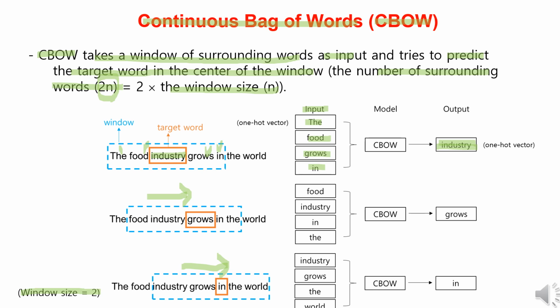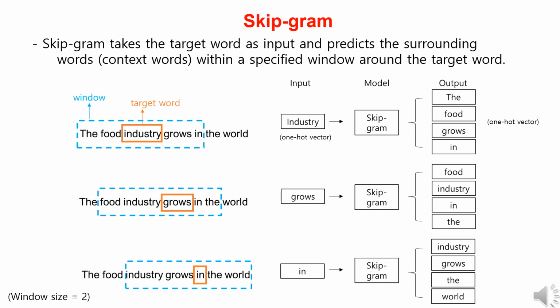This iterative learning process, where the window slides and the model adapts, is known as the sliding window. Now let's delve a bit more into the skipgram method. While the continuous bag of words, CBOW, method predicts the center word based on surrounding words, skipgram does the opposite.